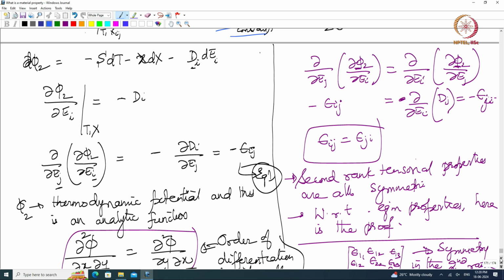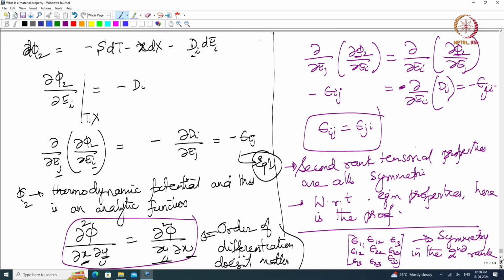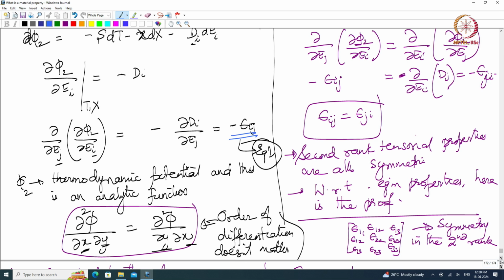Then we said, all right, these are tensors, epsilon ij is a tensor. We have this property for all these thermodynamic potentials because they are what are called analytic functions, and analytic functions have the property that whether you differentiate with respect to x first or y first does not matter, both should be equal.